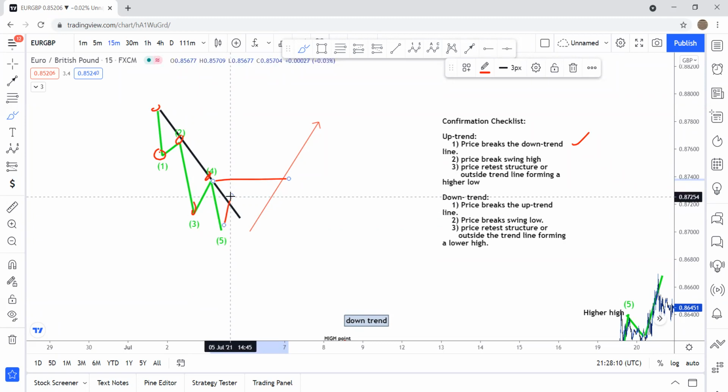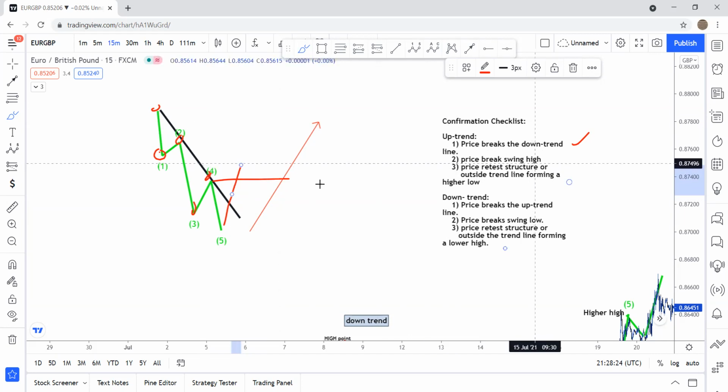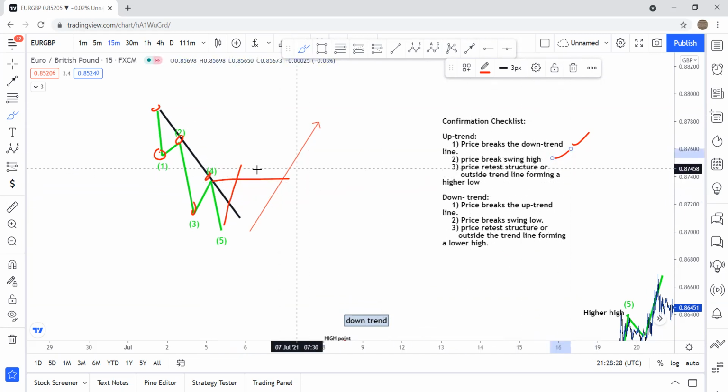So once price breaks that trend line, we're looking for it to break the swing high, right? Once we get a break of that swing high, it's an establishment of price getting ready to go up for an uptrend, right? Once we get that, that's checked off, step two. That's good.